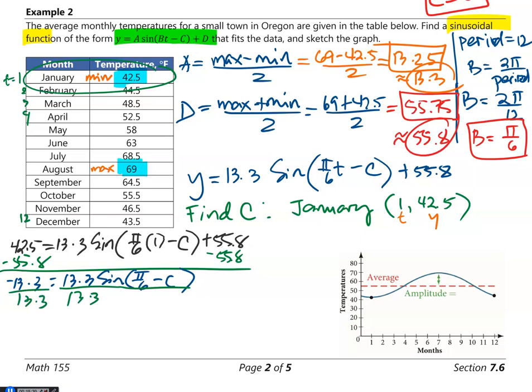And that is equal to negative 1, sine of pi over 6 minus c. And to solve for c, remember, we take the inverse trig of both sides.